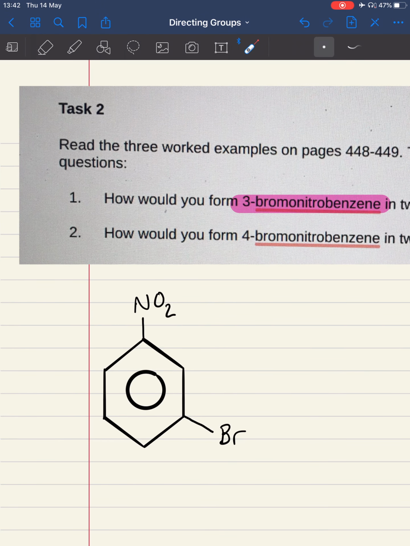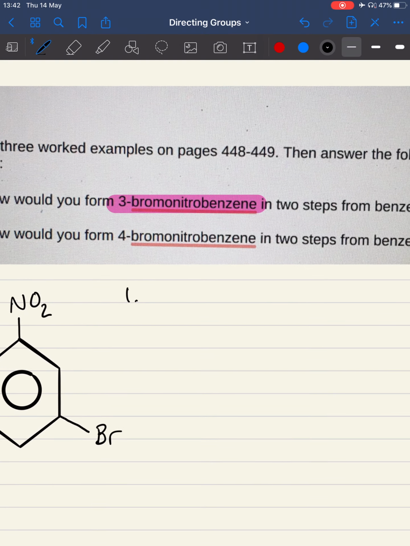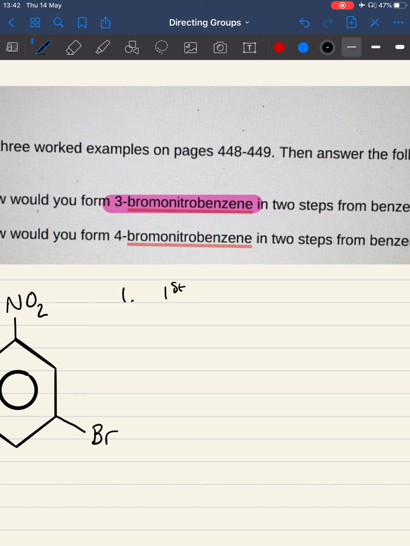So we could either go route 1, we first nitrate, we could look at route 1.